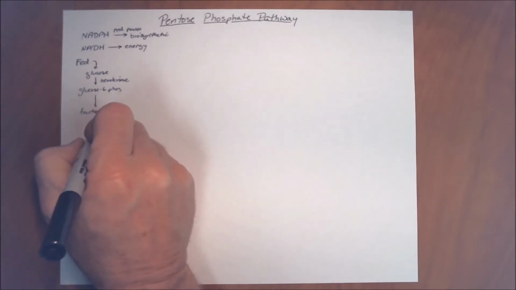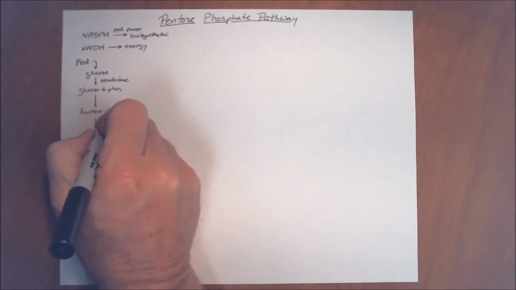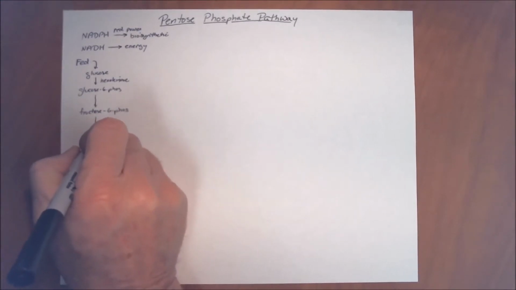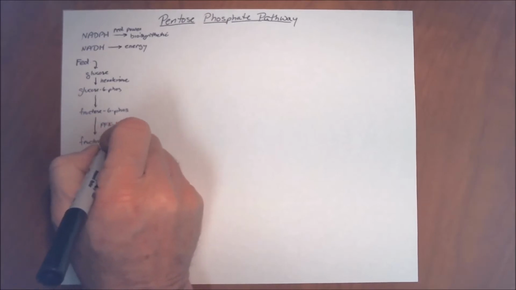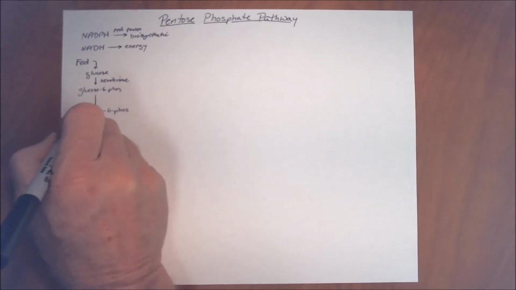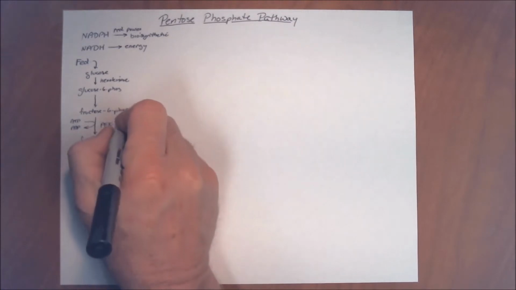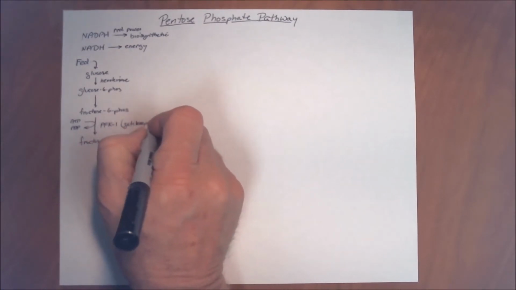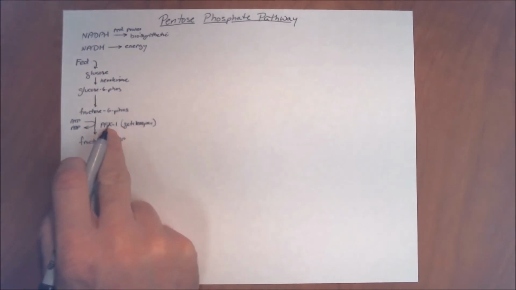And then, of course, our gatekeeper enzyme, PFK1, to generate fructose 1,6-bisphosphate using ATP. Now our gatekeeper here again, PFK1, is the gatekeeper to glycolysis.